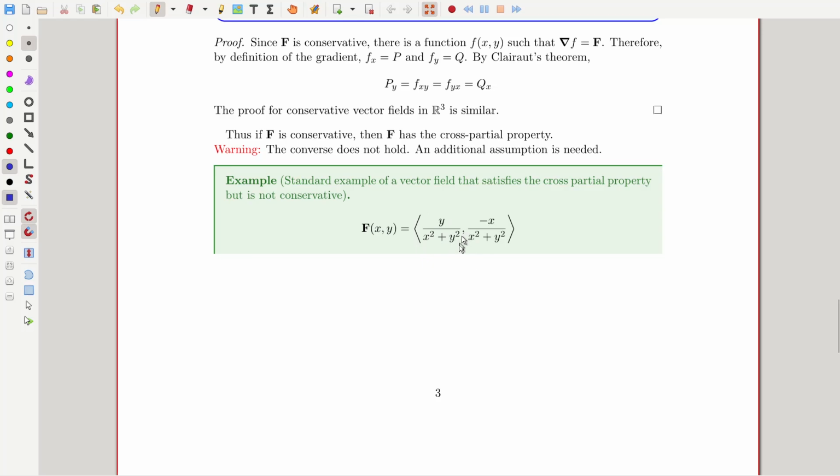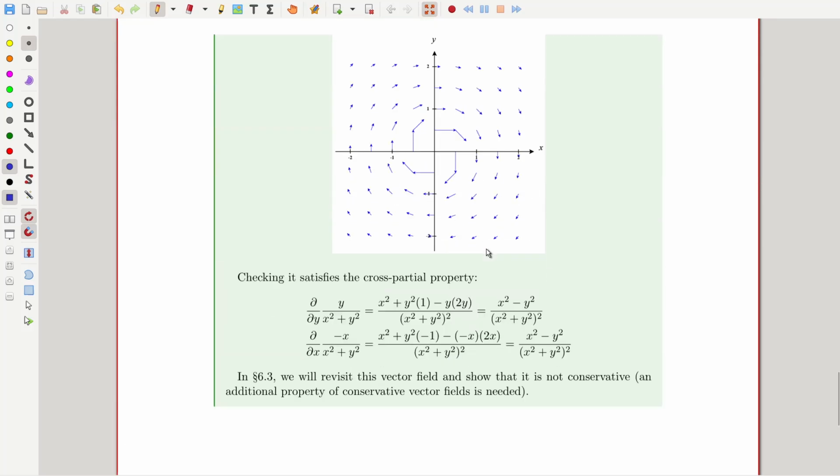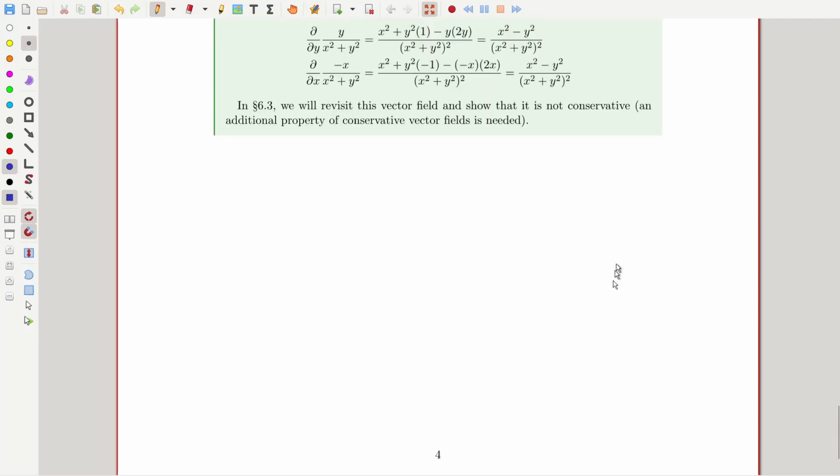Technically, that doesn't mean that it is or isn't conservative either. At that point, you still need to justify that it cannot arise as the gradient of a potential function in order to state that this is not conservative. And we'll show it through a slightly different mechanism in 6.3. Okay, that's all I'll say about that.